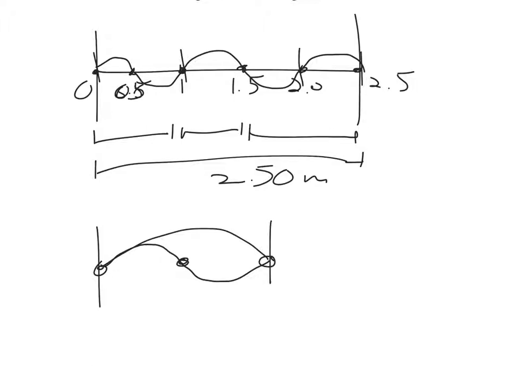So if I had 2, and then how many in between? 3, 4, 5, 6. So there's a total of 6, and it's basically n minus 1 is your harmonic, right? Because we had 2 at the first harmonic. So this is the fifth harmonic.